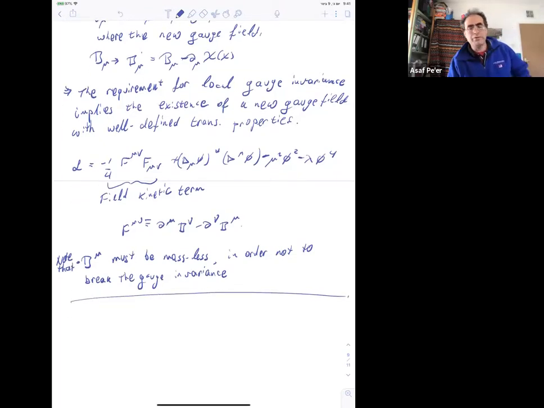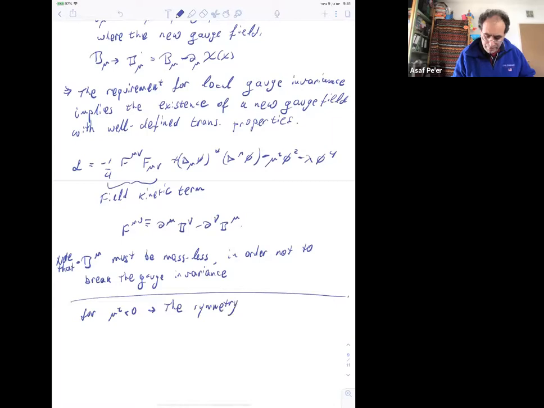So now for mu squared smaller than 0, the symmetry breaks, which means that the vacuum state is degenerate. The choice of the physical vacuum means that we have a spontaneous break of the symmetry.